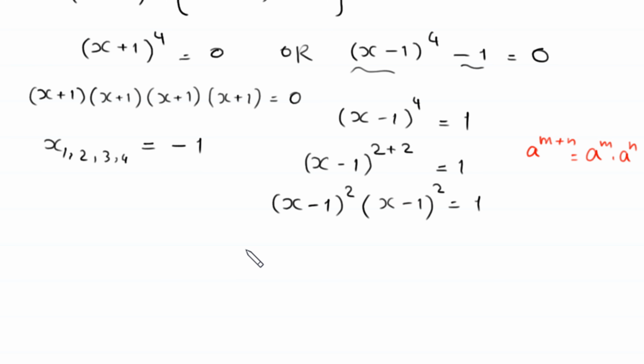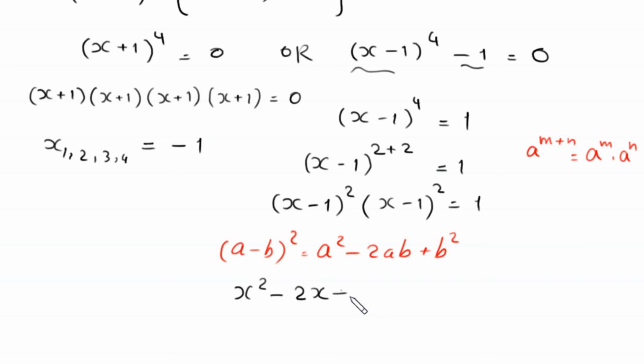Now by using this algebraic identity, a minus b whole squared is equal to a squared minus 2ab plus b squared, this x minus 1 whole squared will become x squared minus 2 times x plus 1 times, and this x minus 1 whole squared will become x squared minus 2 times x plus 1 is equal to this 1.